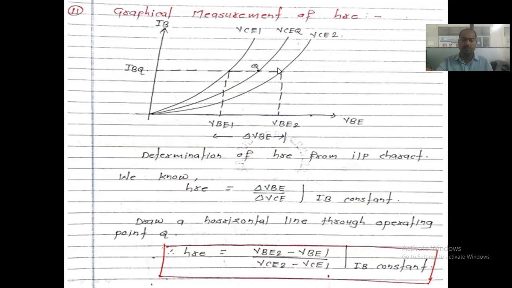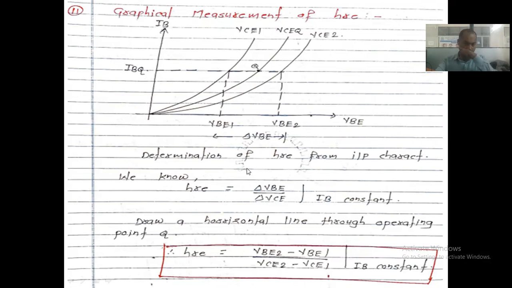So in this case we take the value of the base current at different levels, which is nothing but a change. When we calculate HRE, we take these different values of VB, which indicates the change in VB. It is also called delta VB. We also take the other voltage parameter, the output voltage. This is also changing, that is VC1 and VC2. So this is nothing but delta VC.